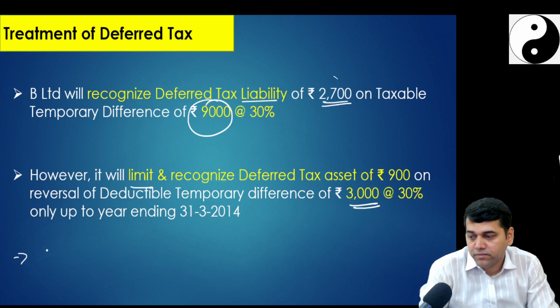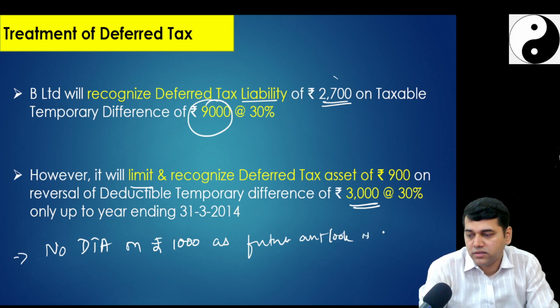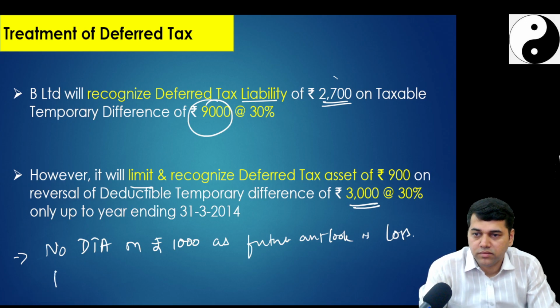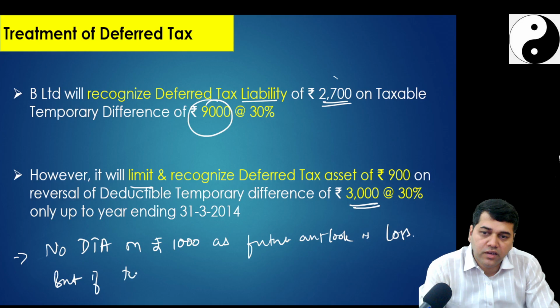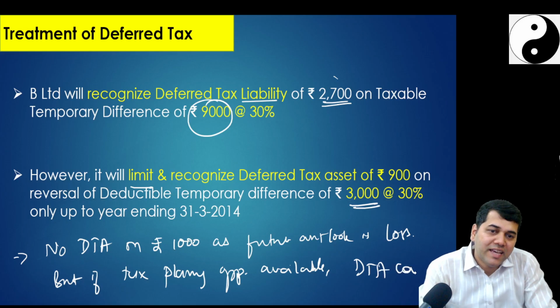Third, no DTA on rupees 1,000 as future outlook is loss. But if a tax planning opportunity is available, DTA can be recognized.